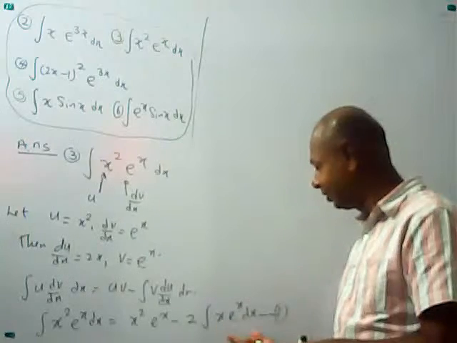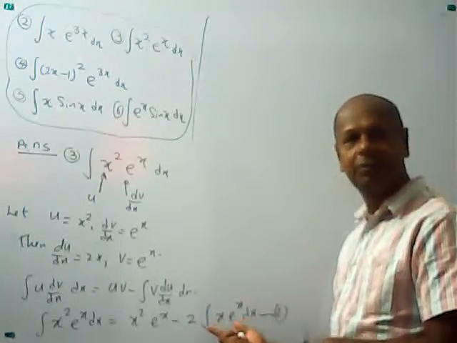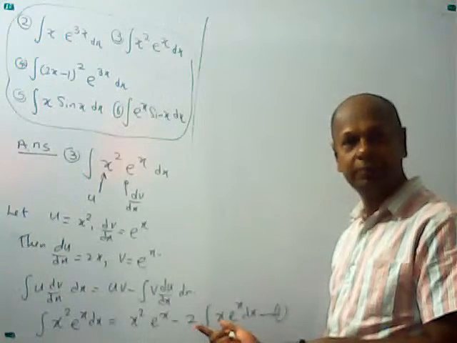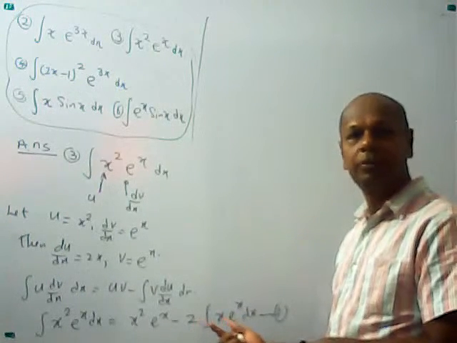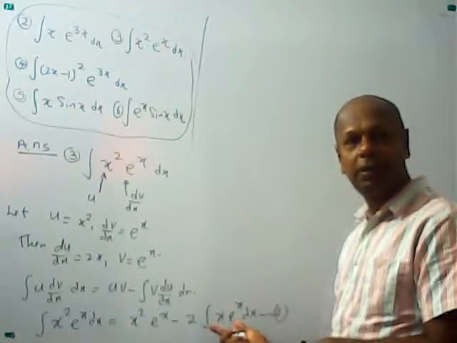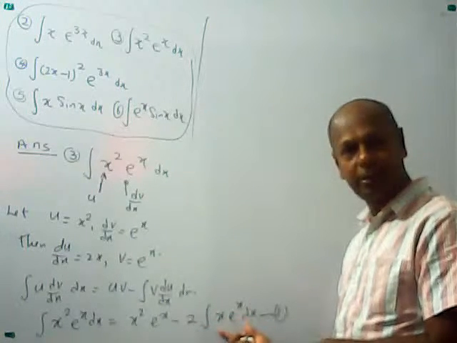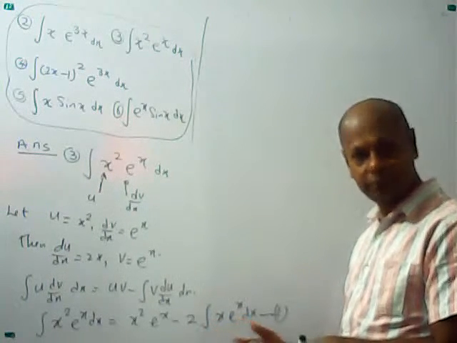This is what we discussed earlier, the first example we have taken. To integrate this, you have to use integration by parts again. Make a separate working, find it separately, and then substitute.